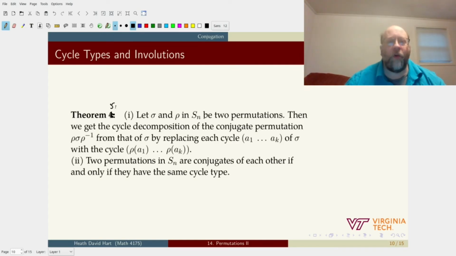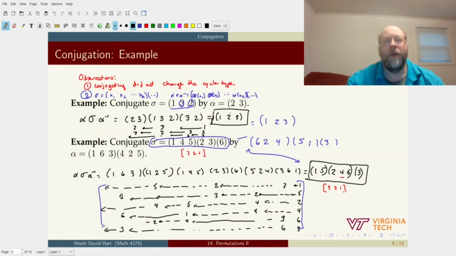Let sigma and rho be 2 permutations in S_n. Then we get the cycle decomposition of the permutation rho sigma rho inverse by replacing each cycle of sigma with the cycle rho alpha 1 through rho alpha k. This is the second thing that we talked about a couple of slides back. This is the shortcut for doing permutations: if I want to conjugate sigma, I can replace x1, x2, all the way through xk with whatever.